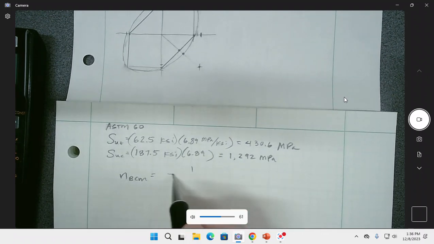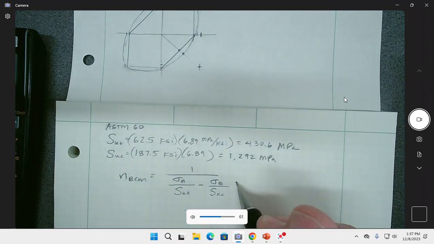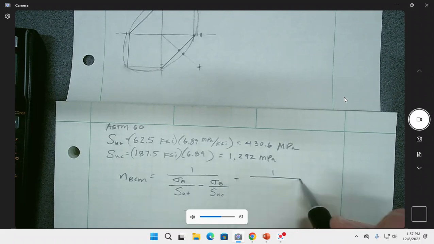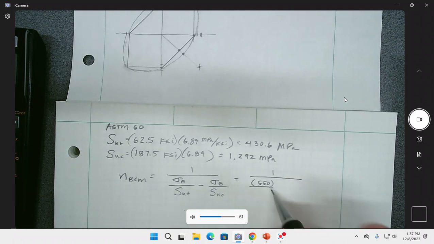So for the brittle Coulomb-Mohr, we go 1 over, and we go sigma A over SUT, and then there's the minus. But of course, that minus is just to counteract the compressive part of it. So 1 over, and sigma A was 550 over 430.